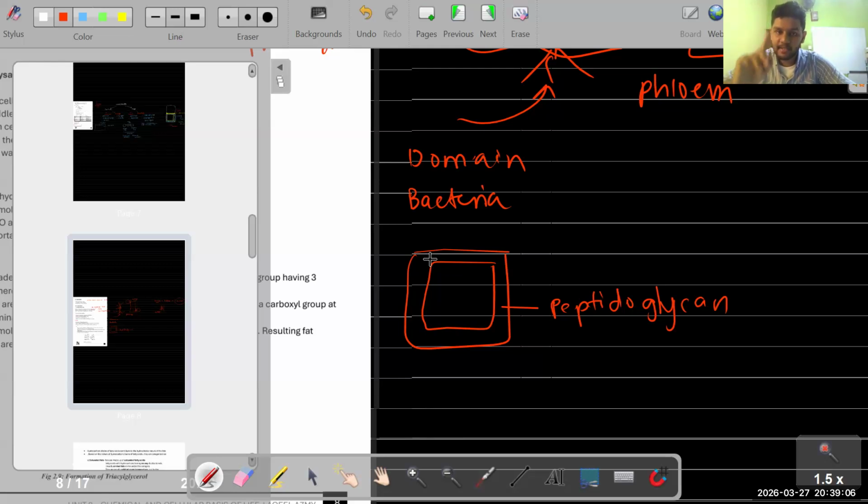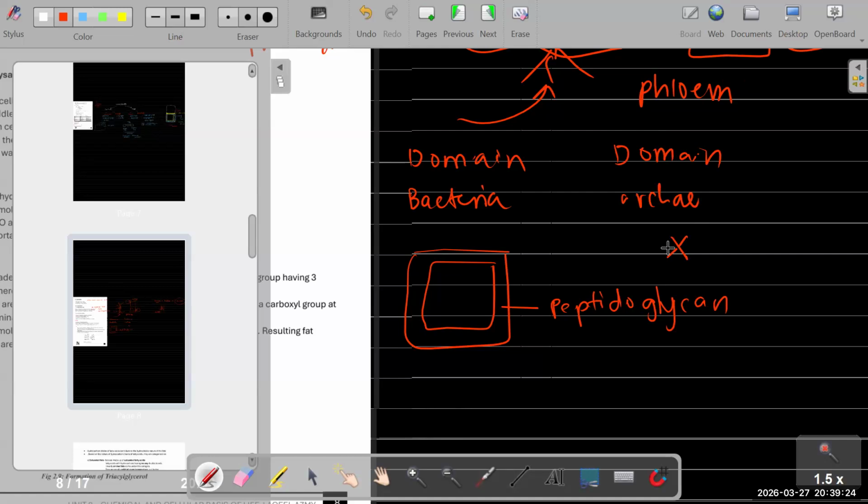But you should be very careful that domain archaea does not have this peptidoglycan in it. Is that clear? Now, organisms were classified into two: prokaryotes and eukaryotes. Prokaryotes were classified into two domains: domain bacteria and domain archaea.